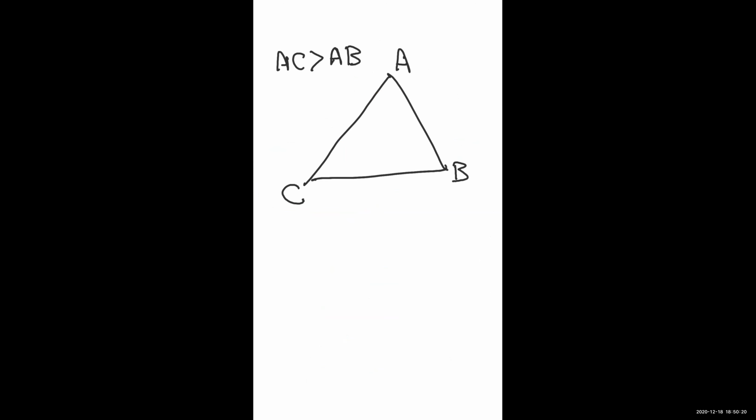So there is a point M here; BM bisects this angle, and CM bisects this angle. So this one equals this one, and this one equals this one, because MC bisects angle C and MB bisects angle B. Now prove that MC is greater than MB.